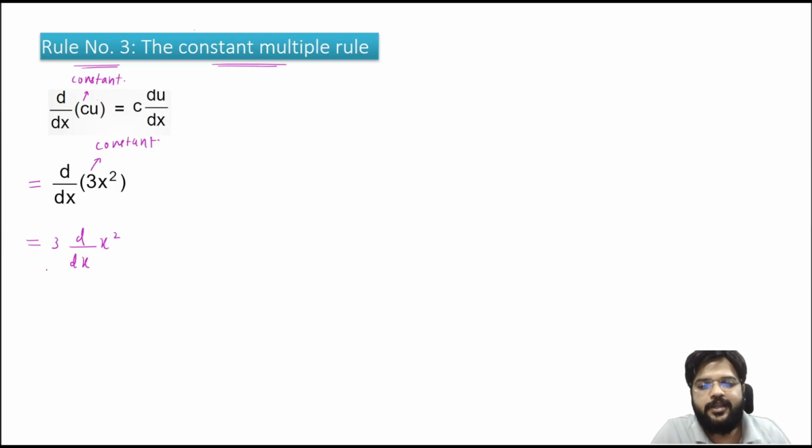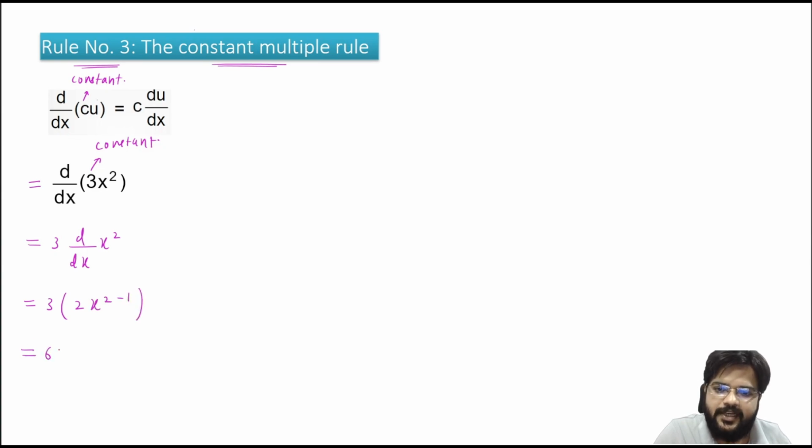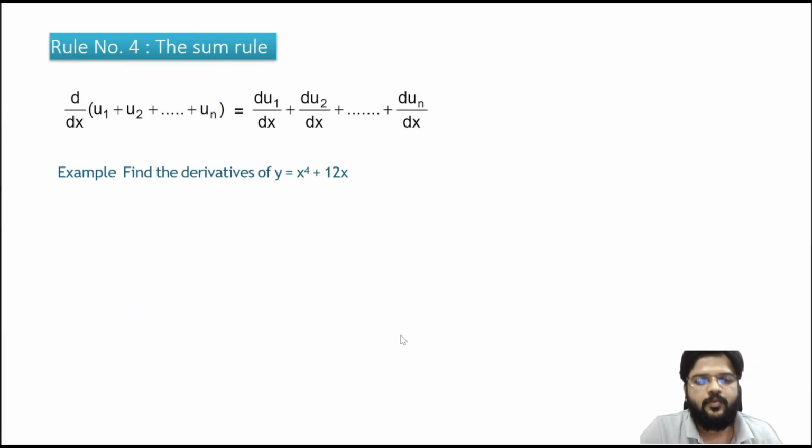It is n x power n minus 1. So here we will get 3 times the differentiation of x square, which is what? 2x power 2 minus 1. So finally what are we getting? 6x, everyone. So this is the answer for this question. So I hope this rule is clear. Note down, everyone. Let's see the next rule, everyone. Rule number 4.